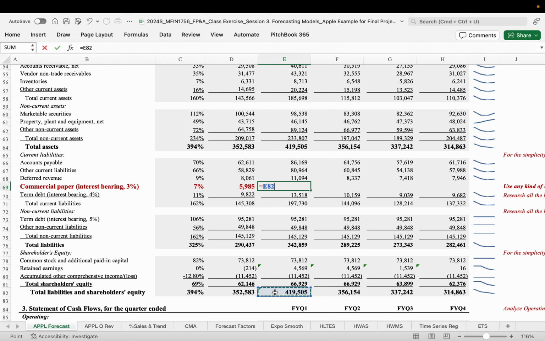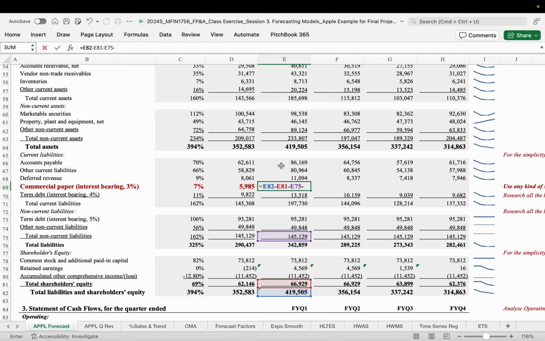Maybe we have to avoid circular error if you use this total asset, but yeah, let's carefully input this now: minus total equity minus, and not total liability, but here total non-current liabilities, right?